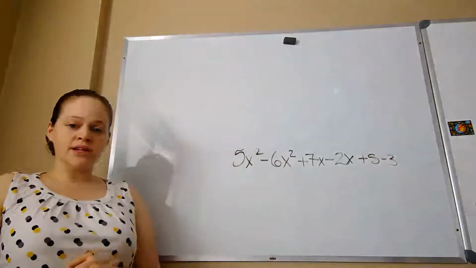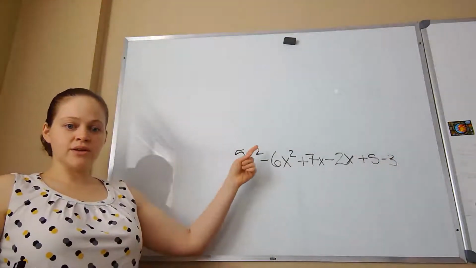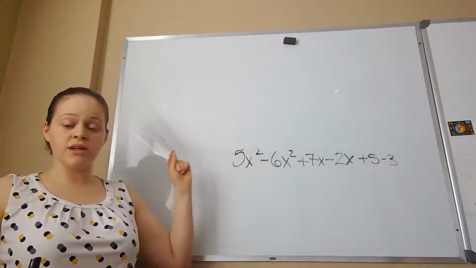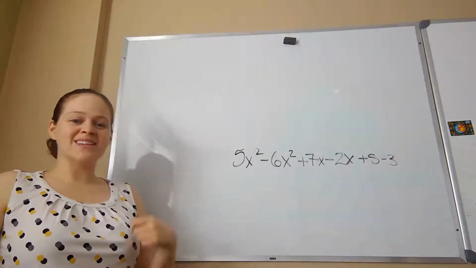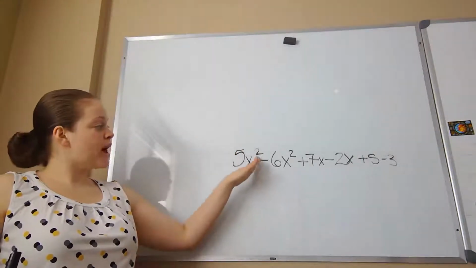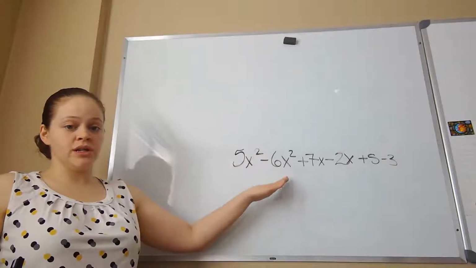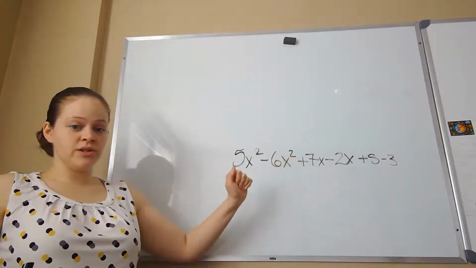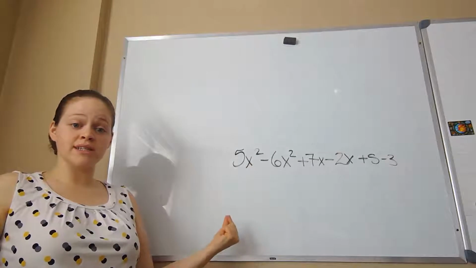When you're combining like terms, they have to be the same letter, the same variable, and the same degree. So right here we have a variable with degree of 2, a variable with degree of 2, and so those ones are going to combine together.